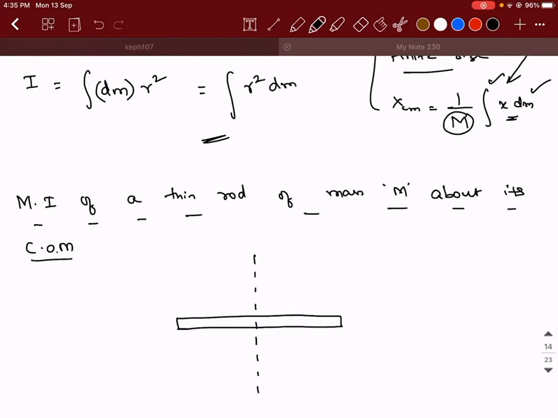The center of mass of a thin rod is generally at its center. Am I clear to this point? Let's say the length of this rod is capital L and its mass is capital M. So the first question we need to ask ourselves is: is this a point object or an extended object?